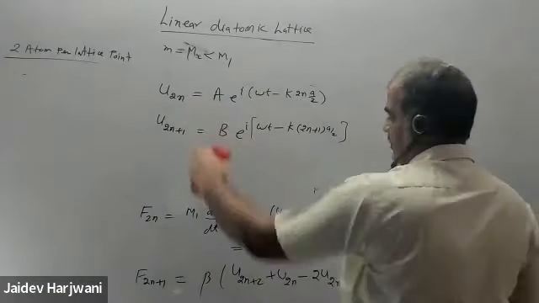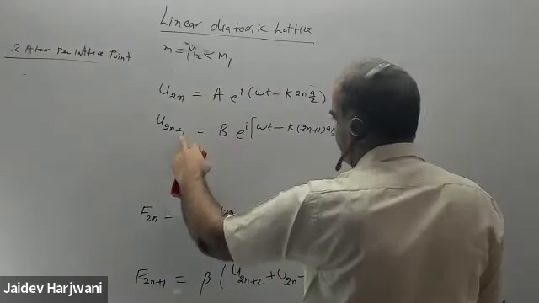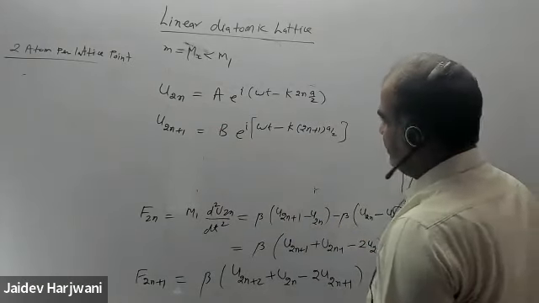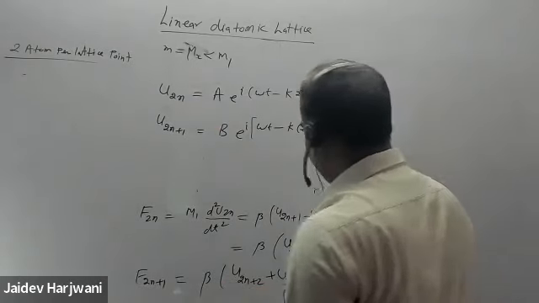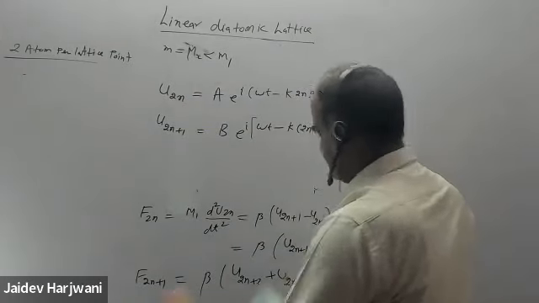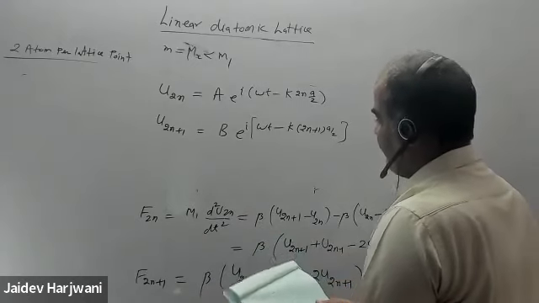Wherever the index is even, you use this equation, and wherever it is odd, you use the other equation. If you substitute these values, you can write the expressions for f1 and f2. Suppose I want to write the expression for f1.